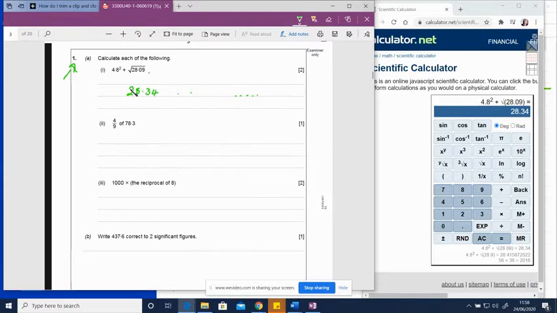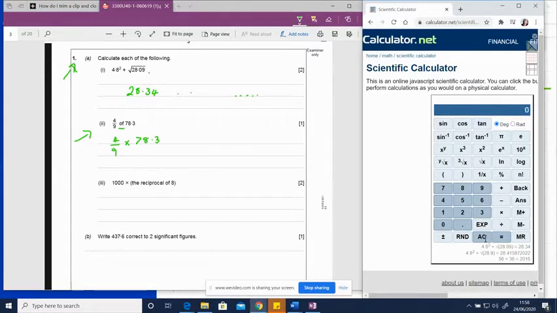28.34. The next question asks us to work out 4/9 of 78.3. Of in maths means multiply, so I'm going to rewrite that. 4/9 multiplied by 78.3. So I'm going to put that into the calculator. So first of all, clear it.